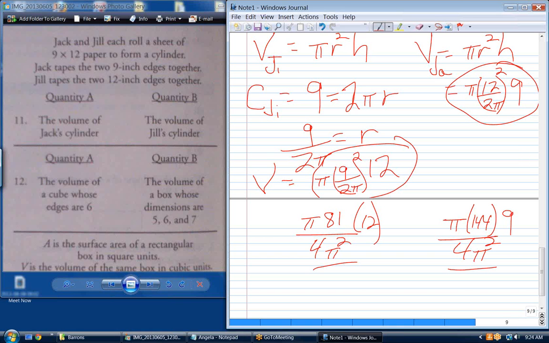What's bigger, 9 times 144 or 12 times 81? 12 times 81 is 972, and 9 times 144 is 1296. So Jack's is bigger. I definitely would have guessed on that one wrong.